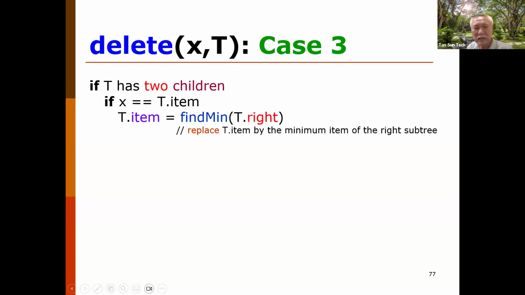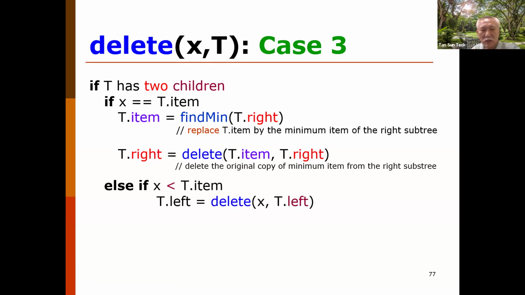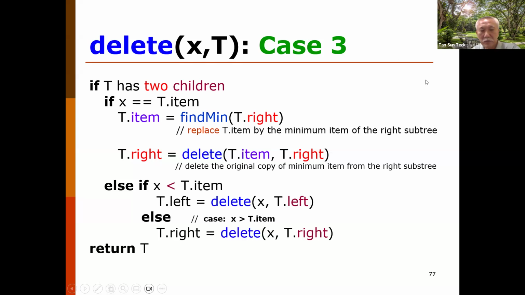You put this item on the value that you have deleted, replacing it. After that, you go and remove the value on the right hand side. Otherwise, you know that the value is smaller than T, so you go to the left hand side in order to delete that value from there.